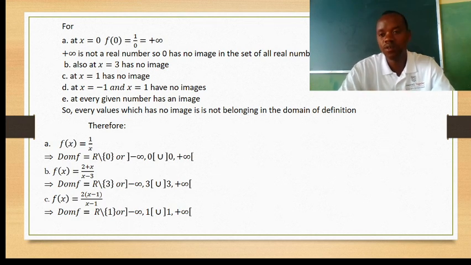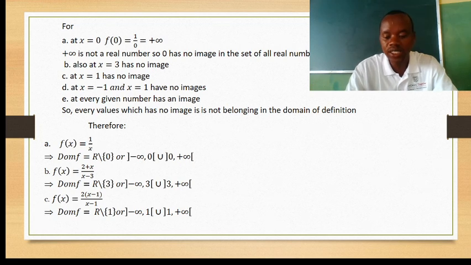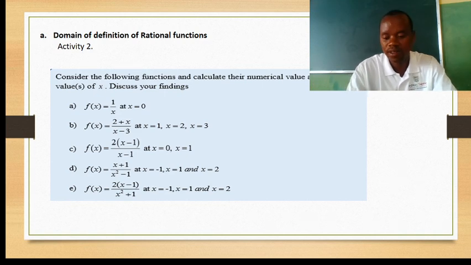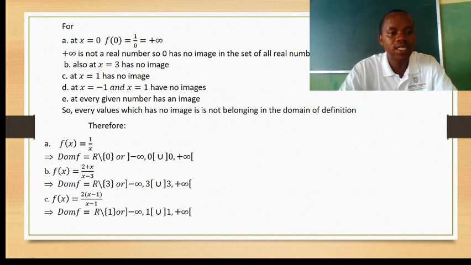It means that you have gotten plus infinity. For C, at x equal to 1 we don't have the image, but at x equal to 0 we have the image. It means that for C, only at x equal to 1 we don't have the image.